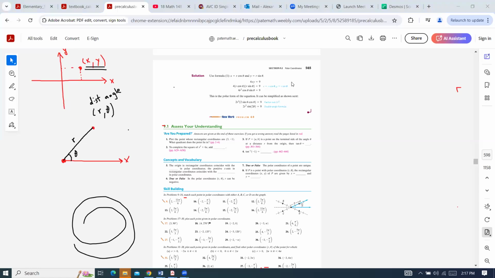So one not very pleasant fact to realize is that points on the polar plane have infinitely many descriptions, and that's an inconvenience.